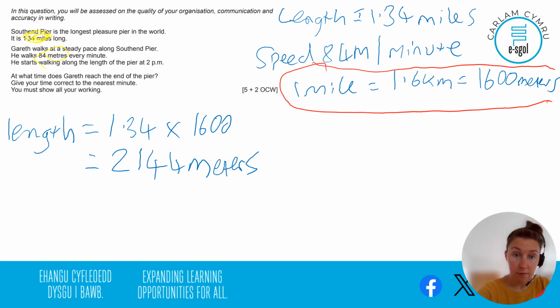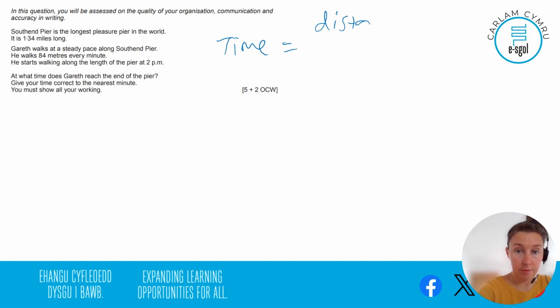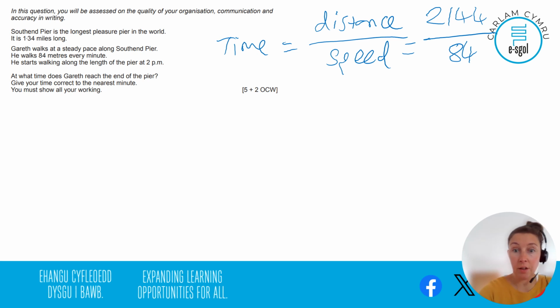So now if we think of our formula, our formula is time equals distance over speed, which means, because we've worked out some answers already, that's the distance, 2,144 meters, over 84 meters that Gareth actually walks per minute.